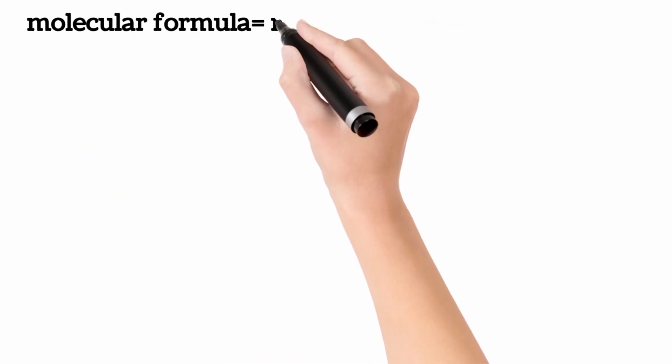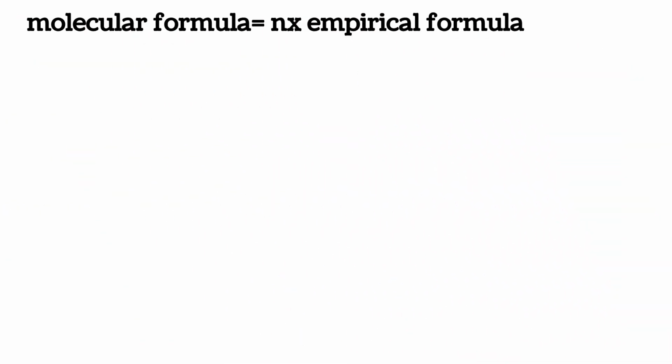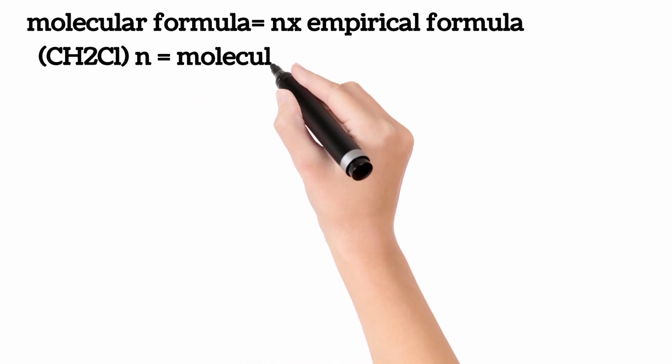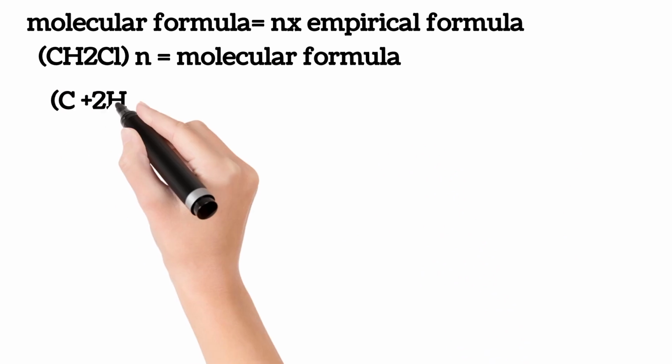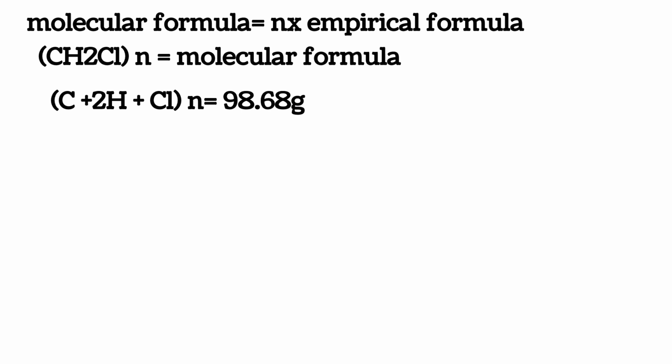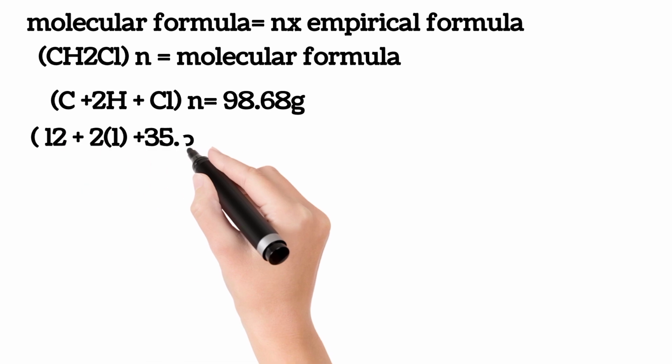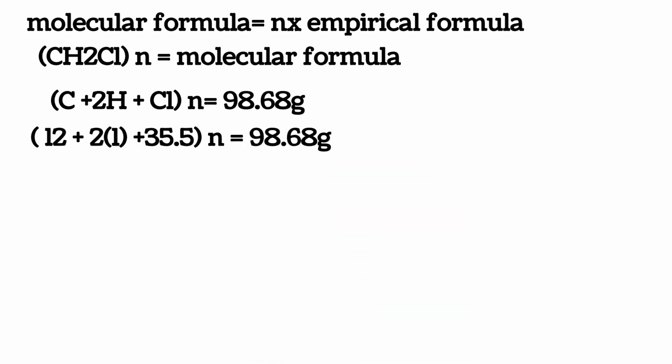Now let's calculate the molecular formula. Molecular formula is equal to n times empirical formula. Don't forget that. And the empirical formula we calculated is CH2Cl, multiplied by n, will be equal to the molecular formula. So let's get the molar mass of the empirical formula. That is going to be (C + 2H + Cl) times n, which will be equal to 98.96 grams, as given.